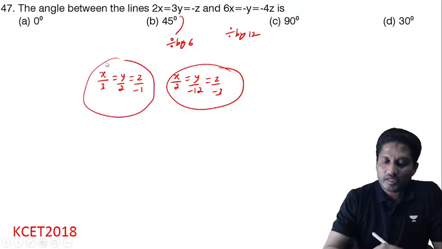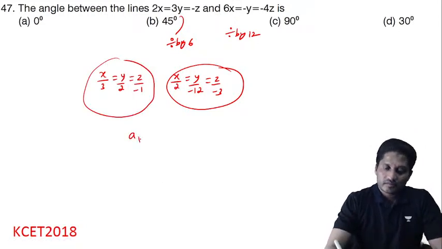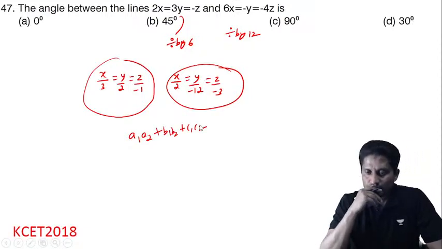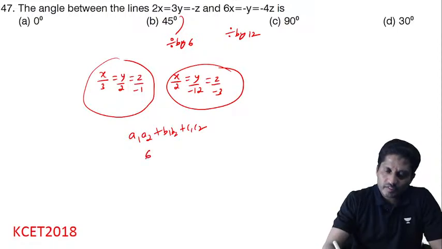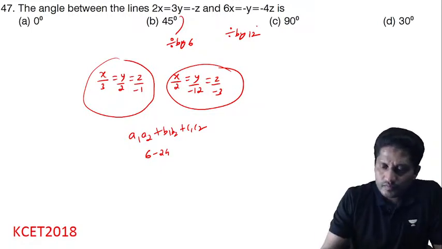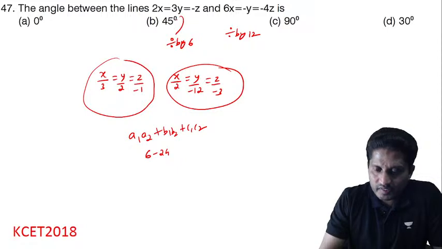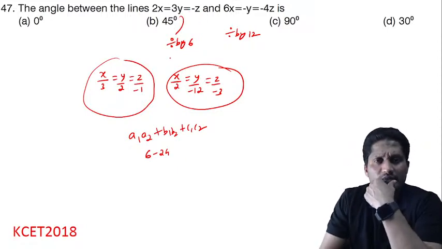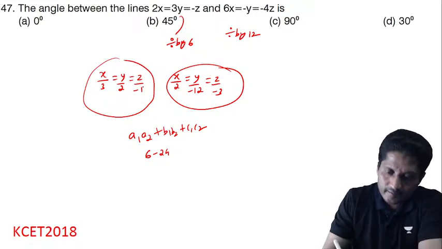Okay, now multiply the DRs: A1 into A2 plus B1 into B2 plus C1 into C2.